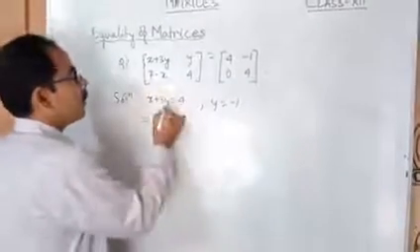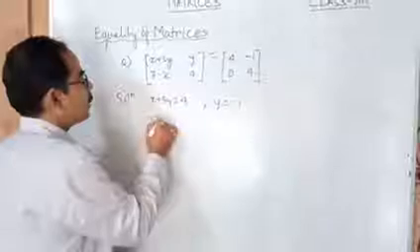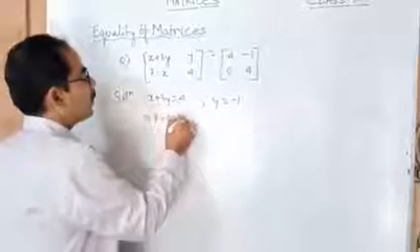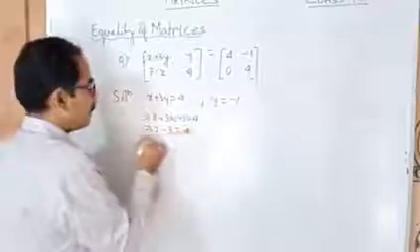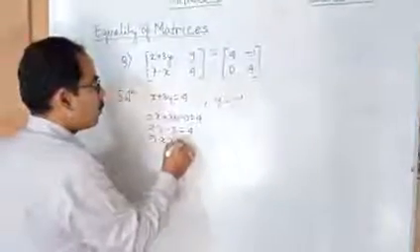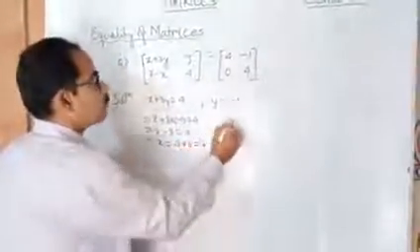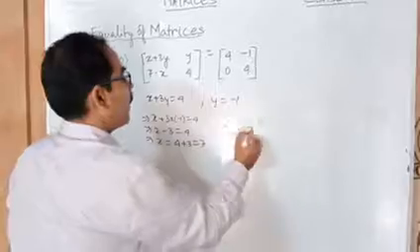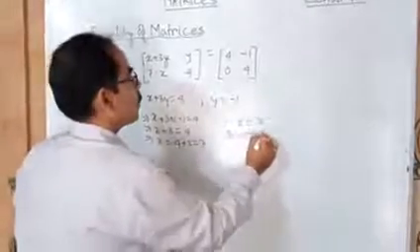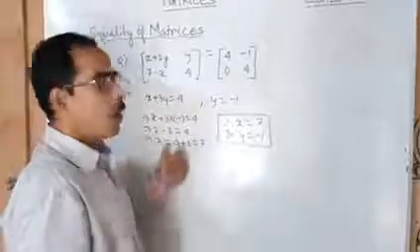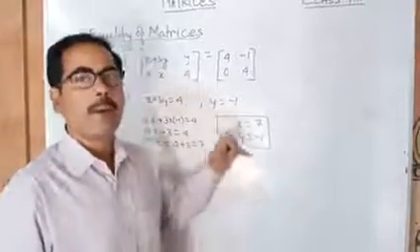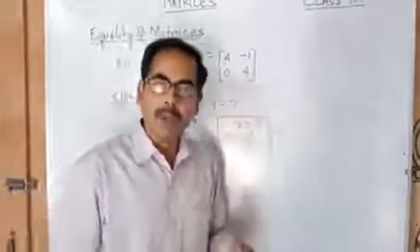Put the value of y equals minus 1 over here, so 3 into minus 1, x minus 3 equals 4, that is x equals 4 plus 3 equals 7. So x equals 7 and y equals minus 1. In such a way we can get the values of x and y, and this is the way we proceed for the equality of matrices.